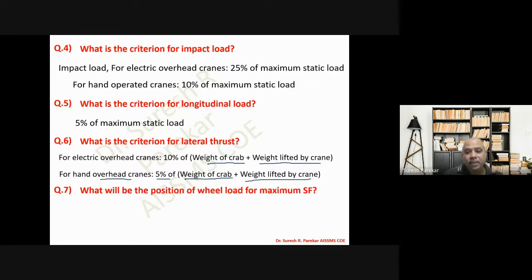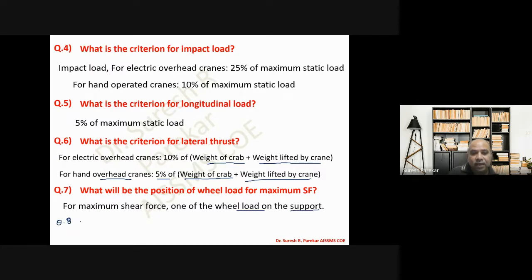Then what will be the position of wheel load for maximum shear force? Now we have to provide one of the wheel loads on the support. Position of wheel load for maximum shear force. Now actually we have one question again: what will be the position for maximum wheel load?